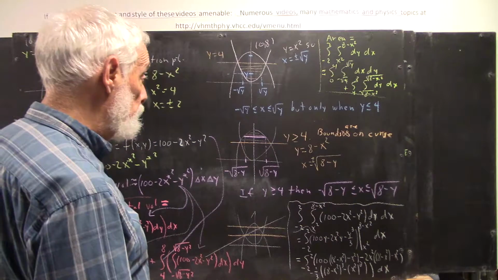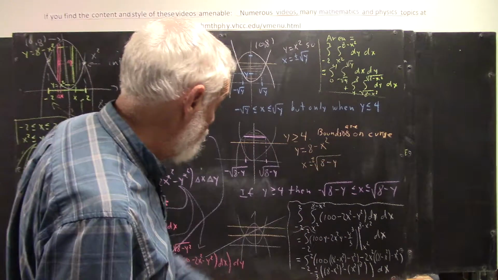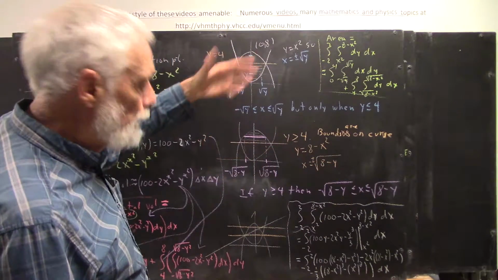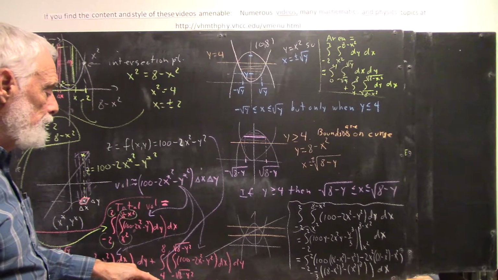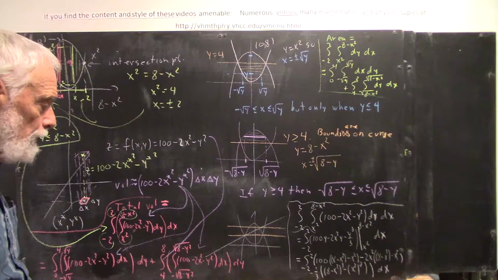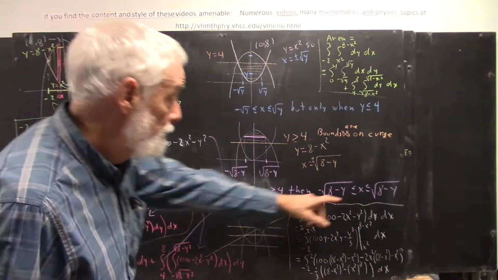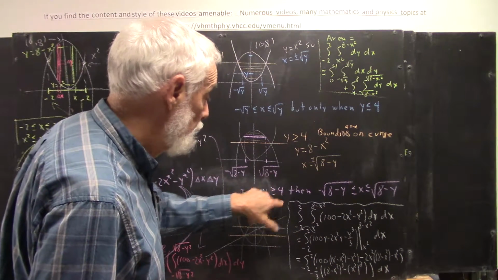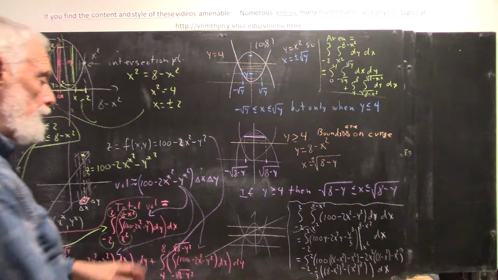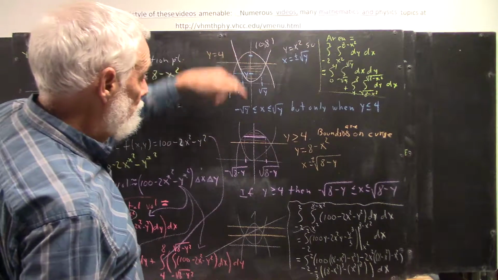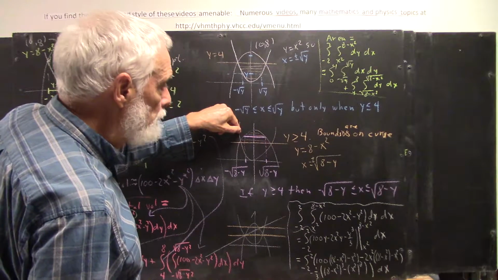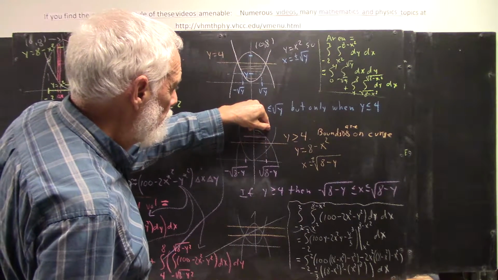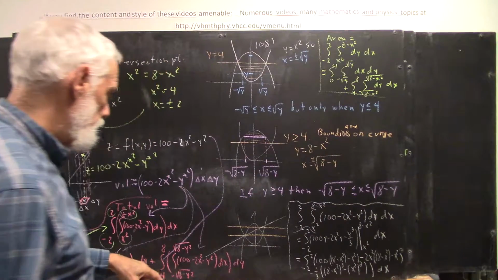This part of our integral goes by this inequality. Y is greater than or equal to 4. It's also less than or equal to 8, because 8's as high as things go. So it's the integral from 4 to 8 with respect to y, because it's y that goes from 4 to 8, and within that, x, for any y between 4 and 8, x goes from what? -square root of 8 minus y to +square root of 8 minus y.